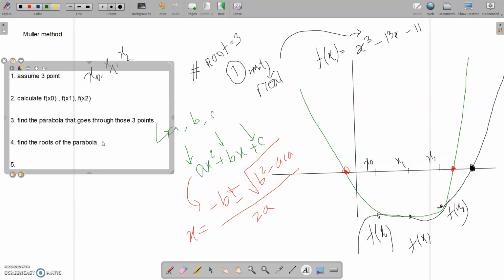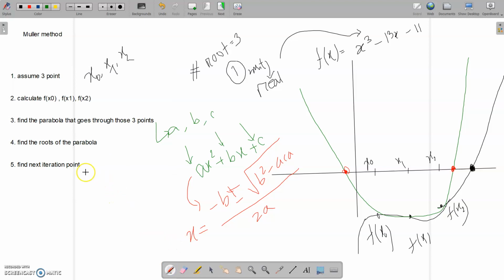That is, I want to find the next point. How do you find the next point? So let's name it find next iteration point. So x3 will be equal to x2 plus that r.